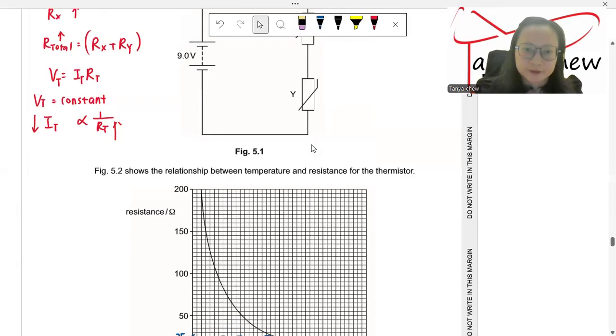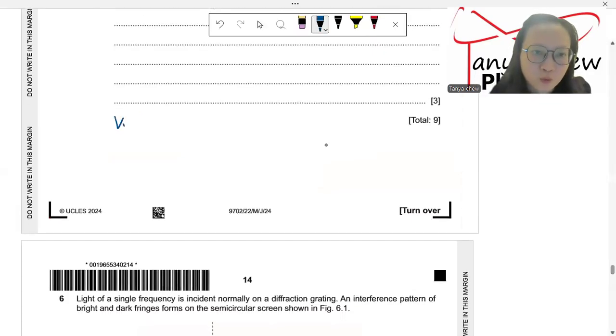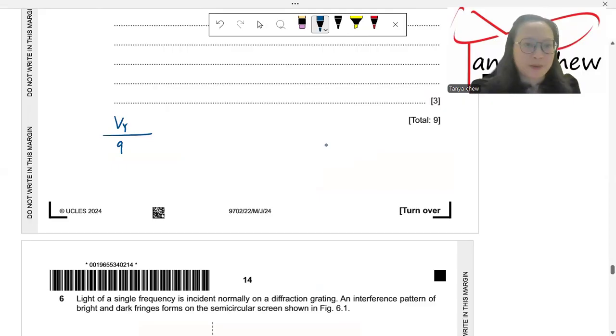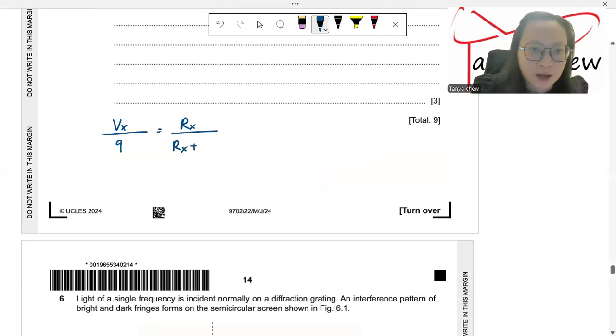Now, let us see this. I'm going to write down the potential divider: Vy over 9, because they didn't change the EMF of the battery, is equal to Ry over Rx plus Ry. Actually, I don't want to find Vy first, because Ry is not changing. I put Vx over 9 is equal to Rx over Rx plus Ry.